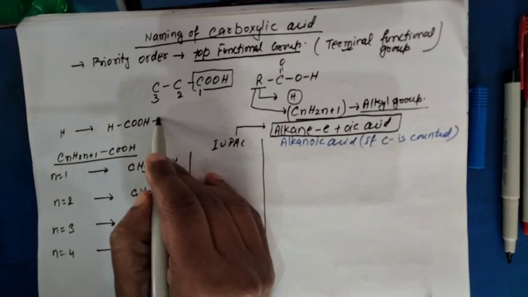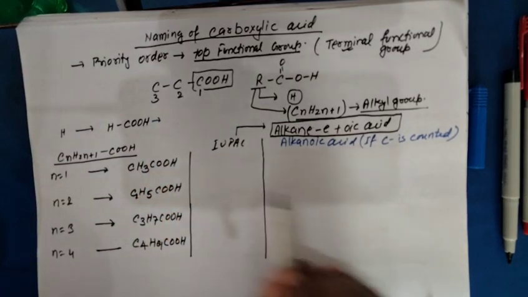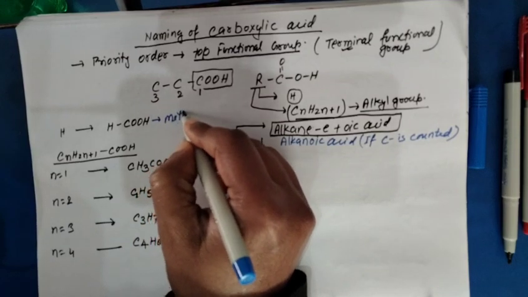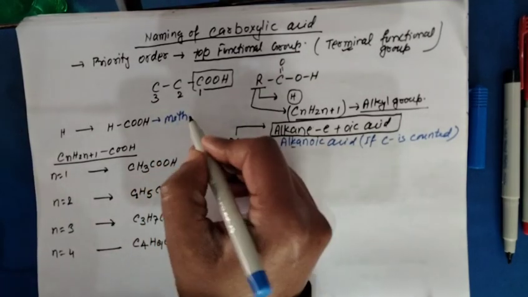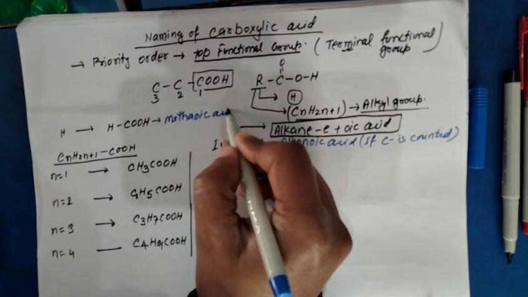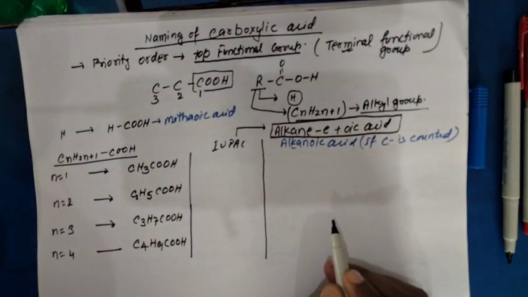So for the first compound, with a single carbon, we write methan, and last oic acid. So this one is called methanoic acid.